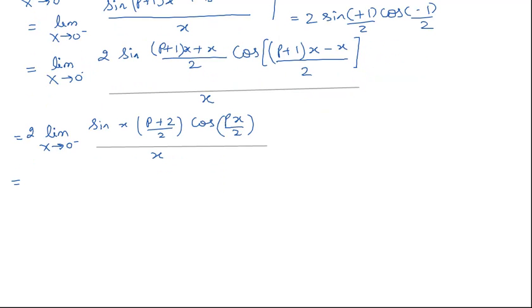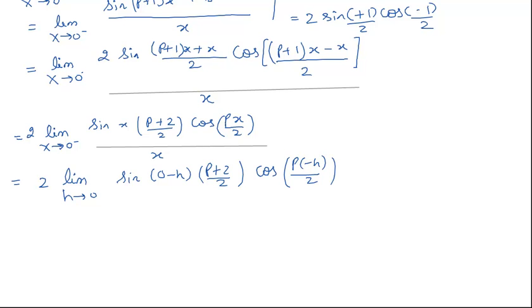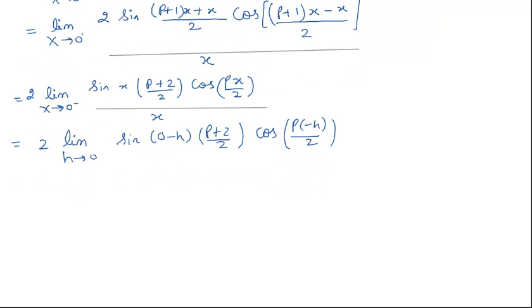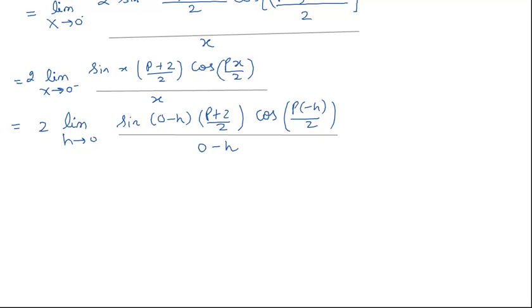Now in the last step, what will we do? We will write it like this: limit h tends to 0 of sin((0 − h)(p+2)/2) cos((0 − h)p/2) divided by (0 − h). As we know cos 0 is nothing but 1, so we can put 1 here.